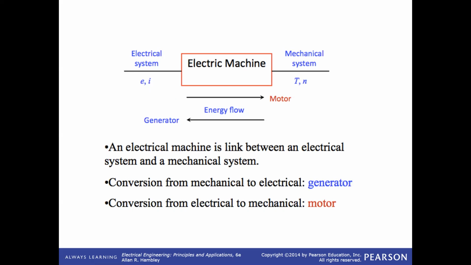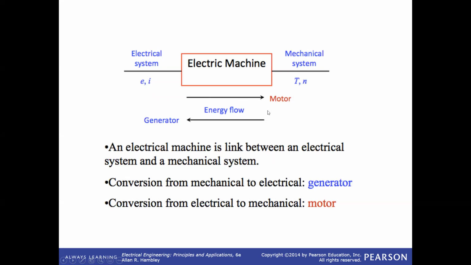So this is the general block diagram of the electrical machine. It is a component that relates the electrical and mechanical. This machine, as you can see, can be a motor, and it can also be a generator.